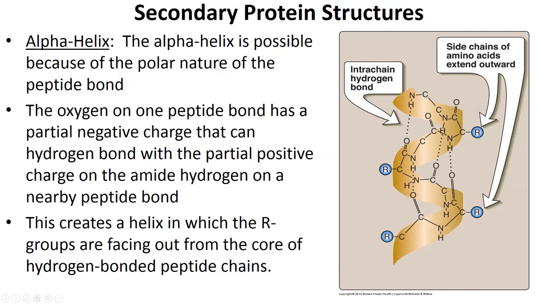It's kind of a little bit hard to see in this figure, but you have an oxygen on one peptide bond. So we're going to have a partial negative charge on that oxygen, right? And then you're going to have a partial positive charge on this hydrogen. And so those can actually hydrogen bond with each other and cause the formation of an alpha helix.